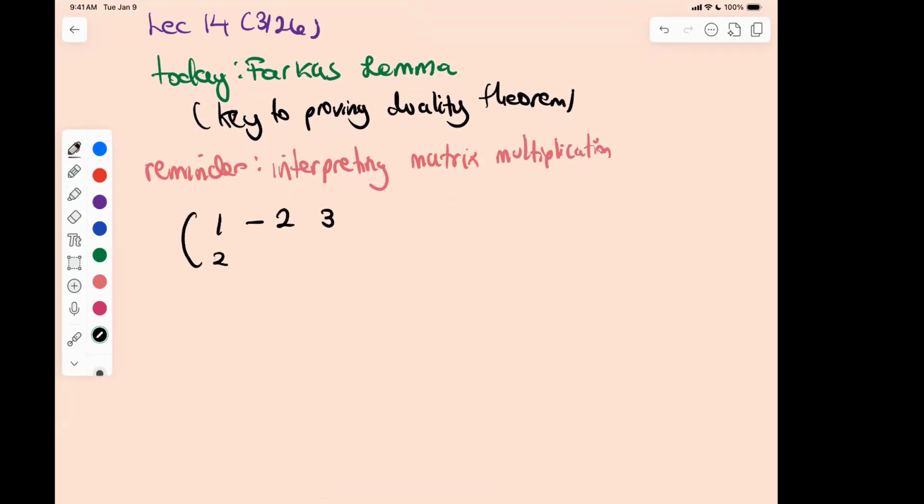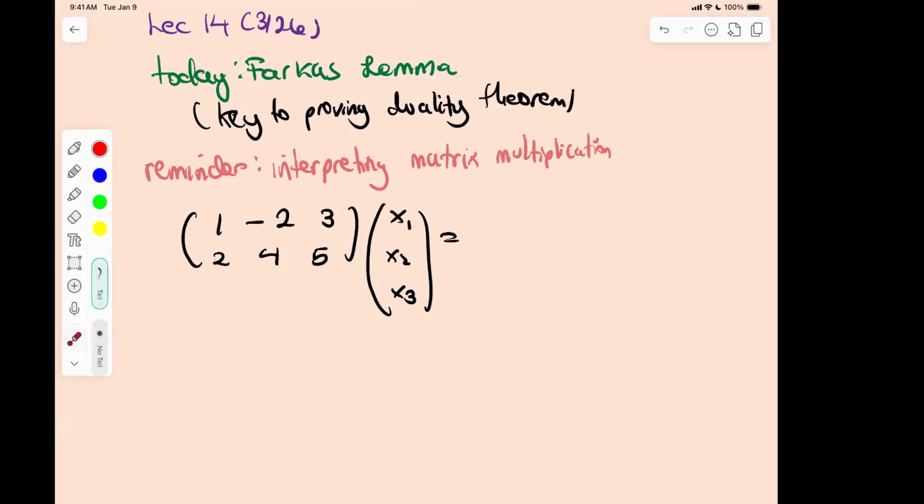If you have a matrix, let's say with rows (1, -2, 3) and (2, 4, 5), times a vector, let's call it x1, x2, x3. Hopefully you remember how to do the products.